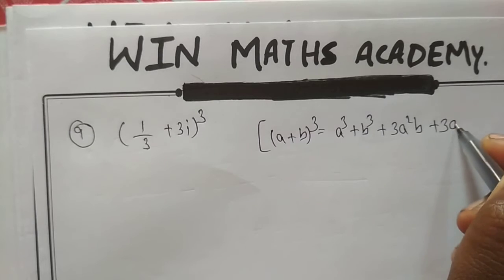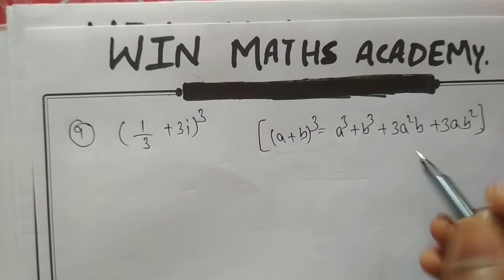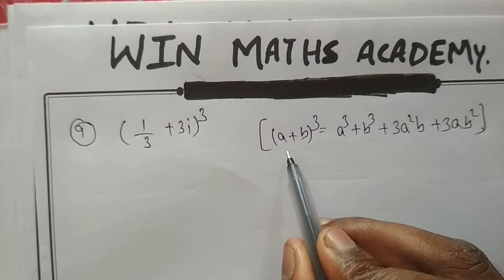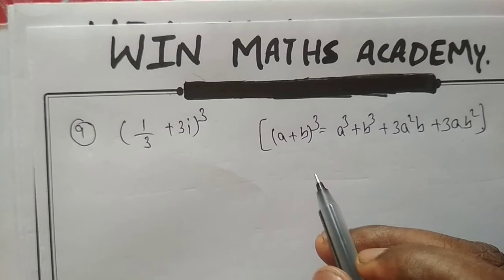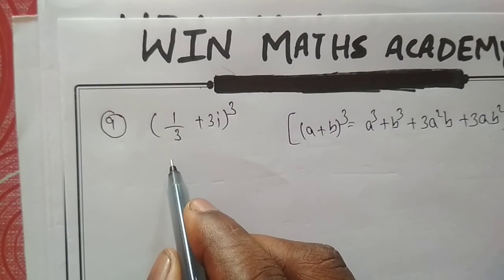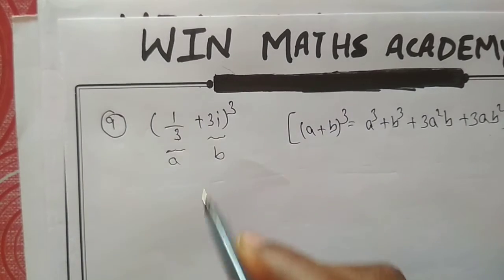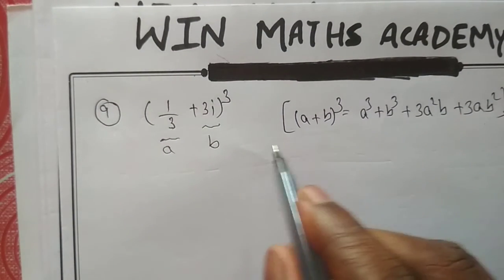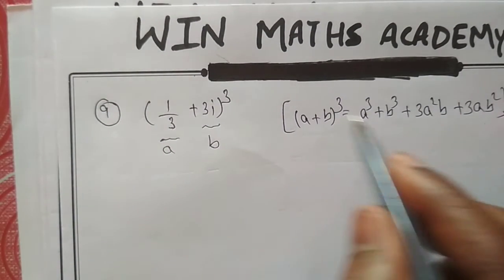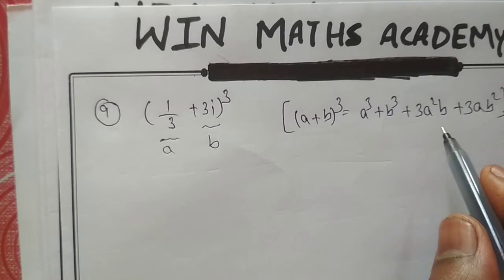Plus 3ab square is the formula of (a plus b) whole cube. Here 1 by 3 is a, 3i is b. We can substitute the values of a and b in the formula.